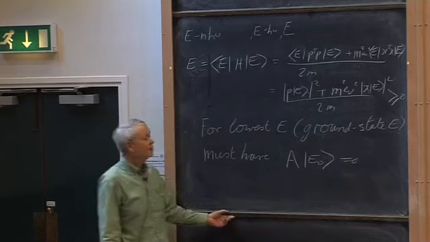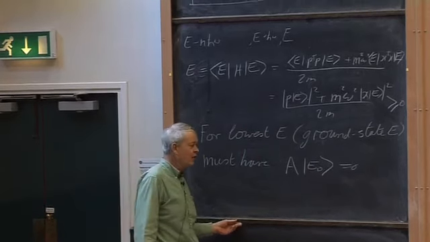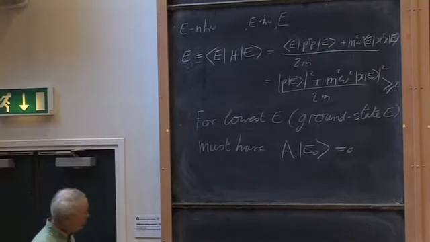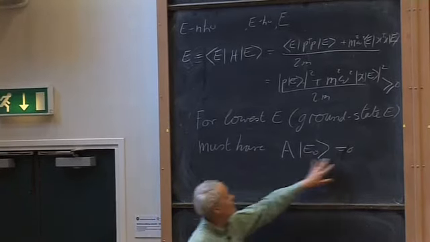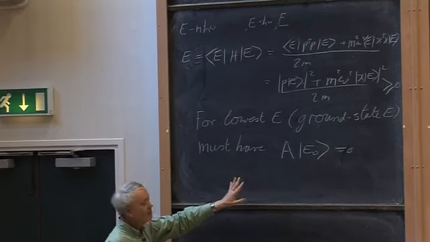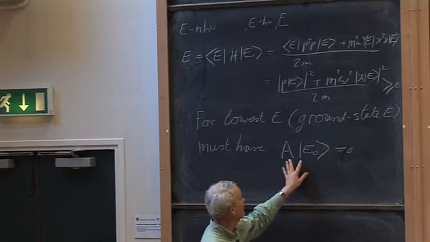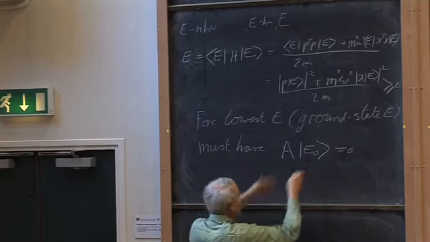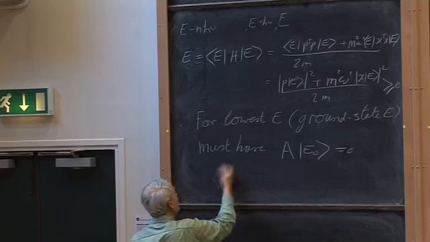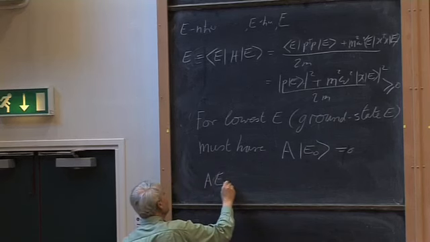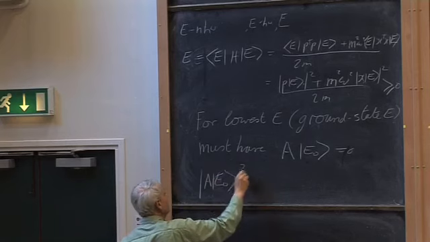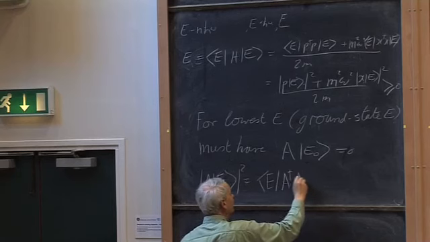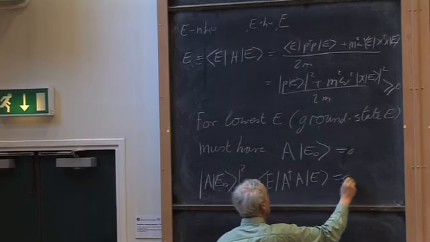So I'm using this symbol now to indicate the lowest energy. So what does this equation mean? To give more precise meaning to it, what we say is that this ket that you get here has no length squared. So let's just evaluate the mod length squared of A|E0>, which is equal to <E|A dagger A|E>, and is nothing.